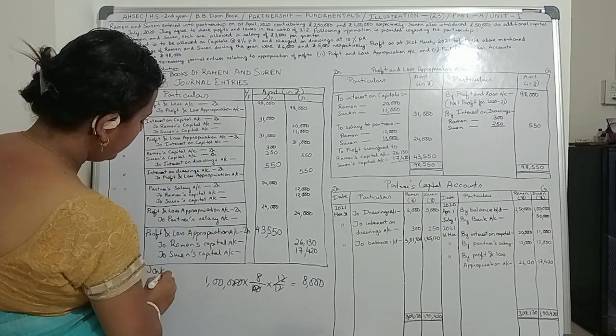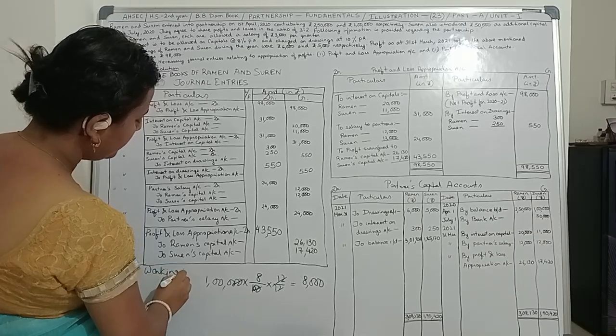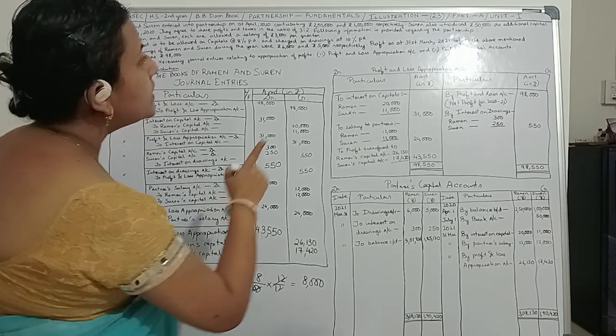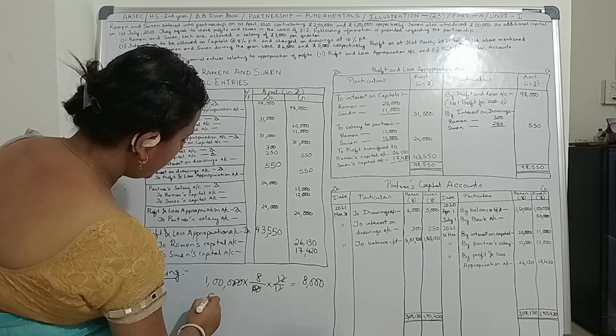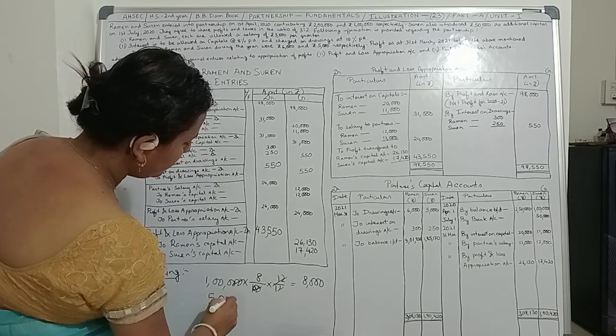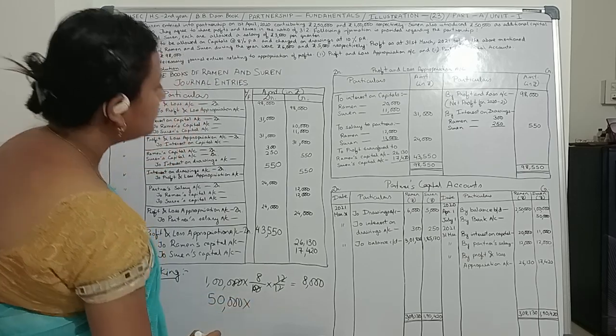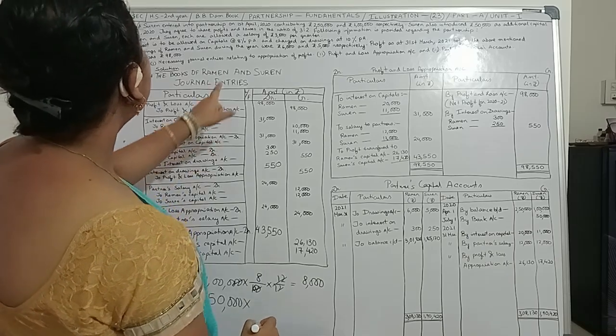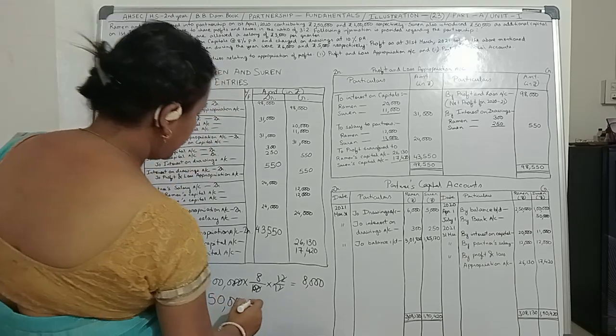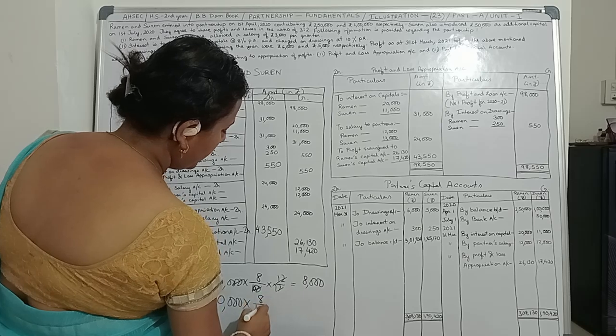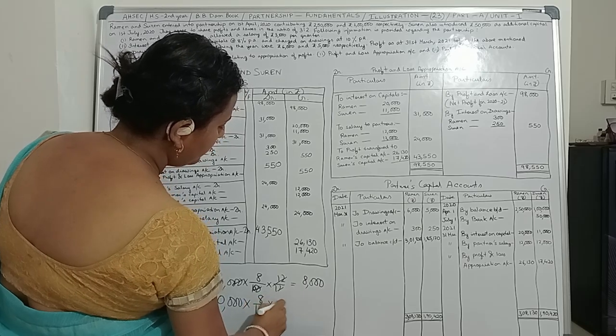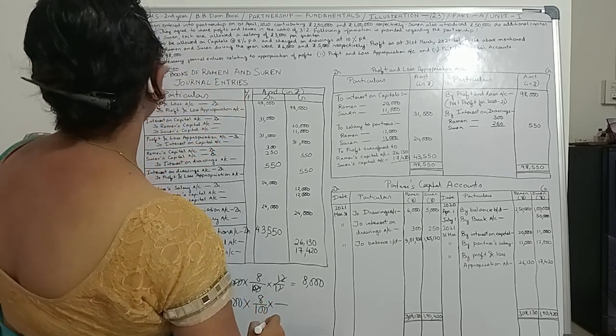This is the working. 50,000 was the amount of additional capital. What is the rate of interest? It is 8%, so 8 by 100 into the time period.